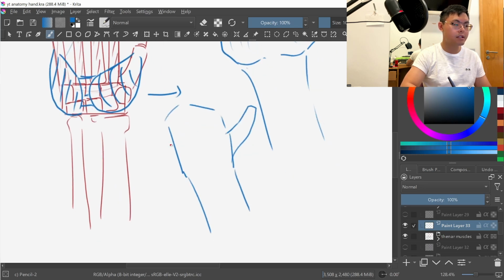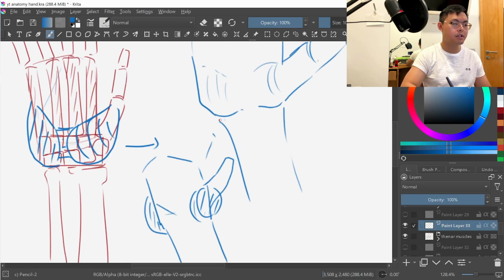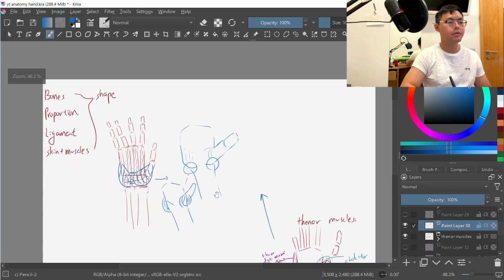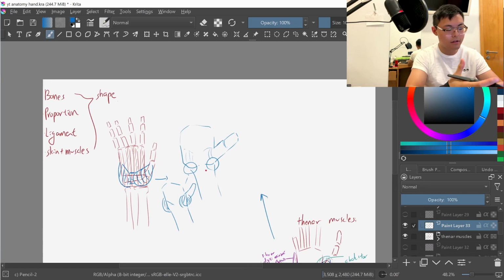You do have a bit of muscles adding towards this area, a bit of fat pad, a bit of muscles over here, composing to this area and that area. Okay, that's just the significance of the palm muscles to the drawing.